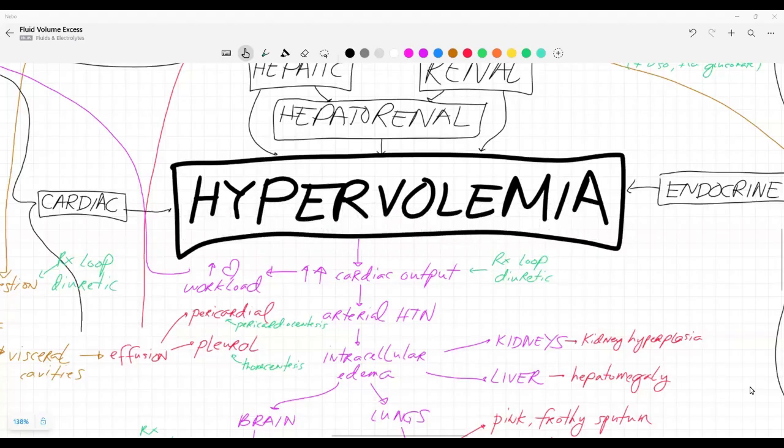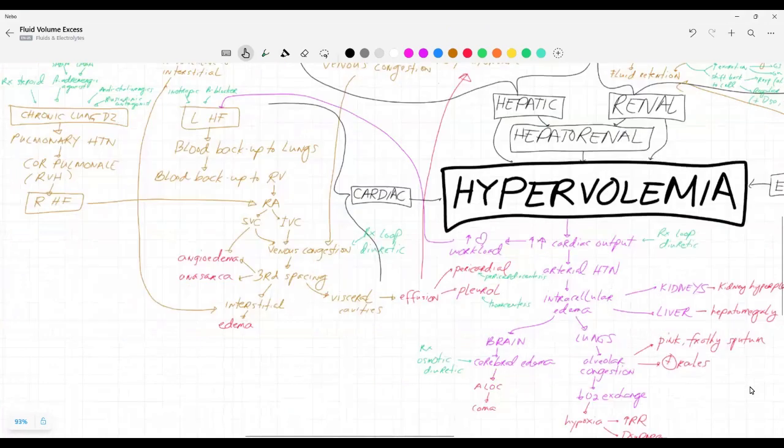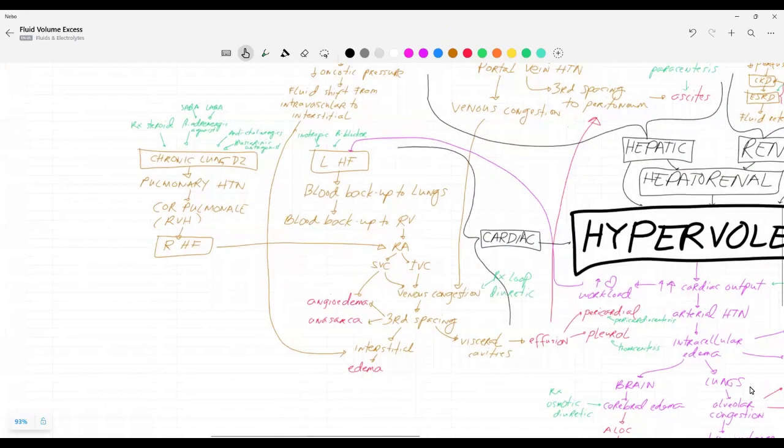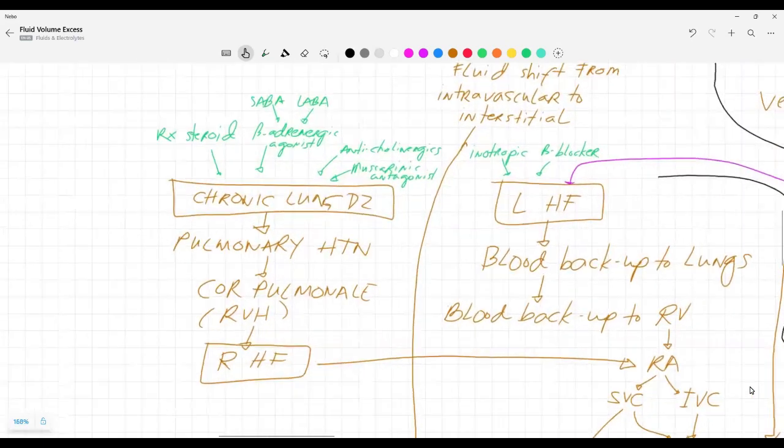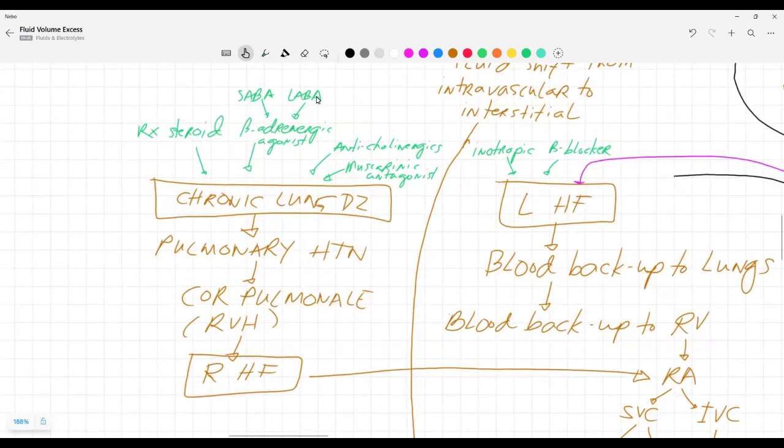So now let's talk about the interventions for hypervolemia based on the different causes of hypervolemia, starting from cardiopulmonary. So if the cause is pulmonary congestion, these are not really interventions for hypervolemia, but I wanted to add them on here to prevent right side heart failure from happening, and so therefore preventing venous congestion.